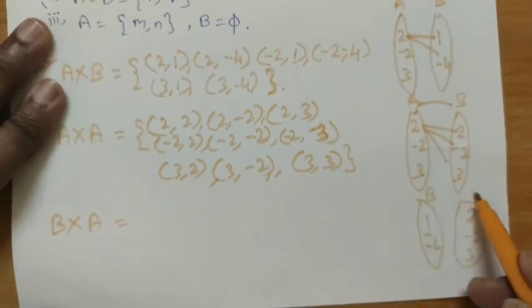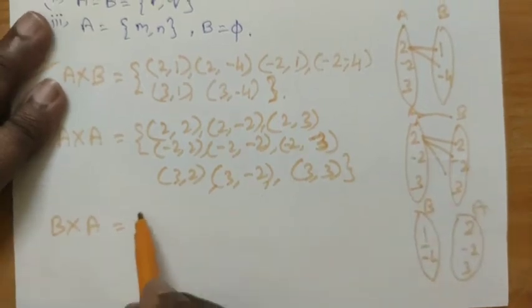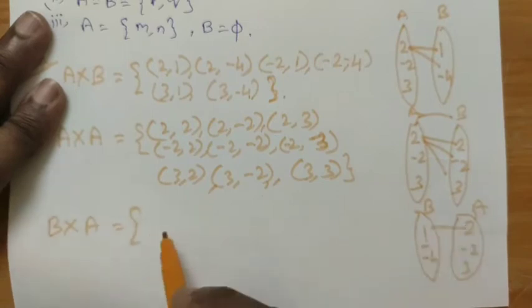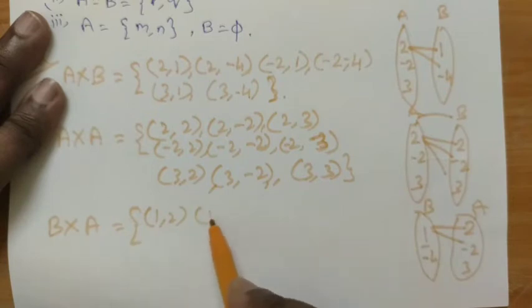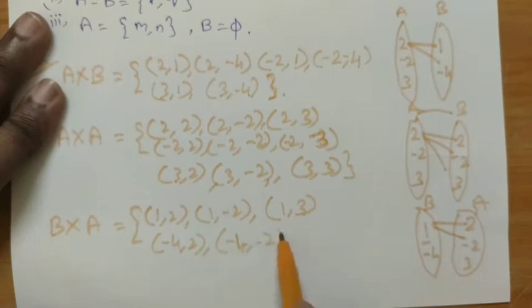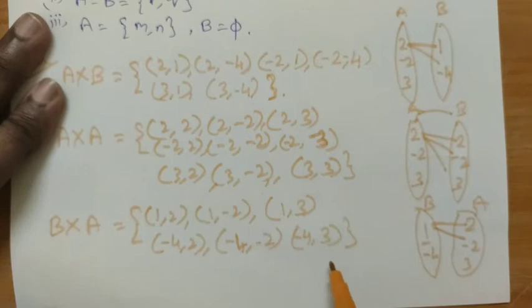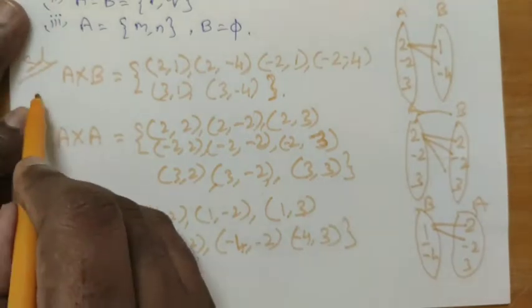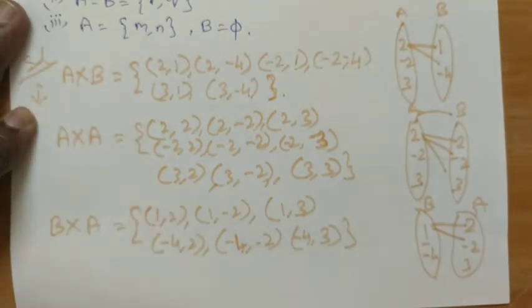This is B, this is A. Now the Cartesian product of these two: 1 is mapped with 2, 1 comma 2; 1 with minus 2, 1 comma minus 2; 1 with 3, 1 comma 3; and then minus 4 is mapped with 2, with minus 2, and with 3. This is B cross A. So the first Roman number we have completed: A into B, A into A and B into A.